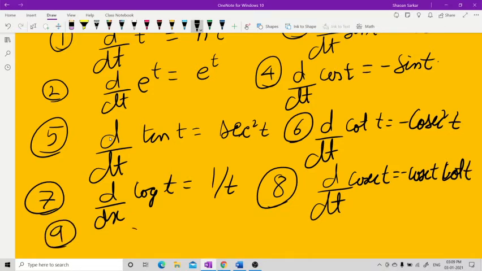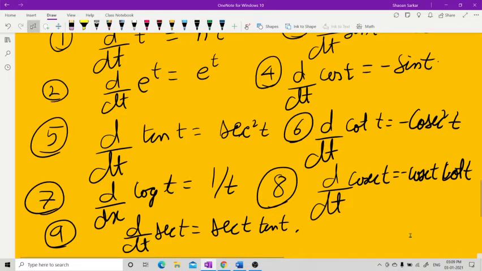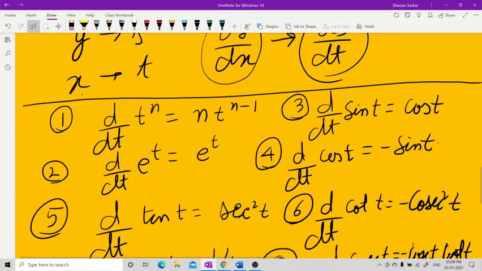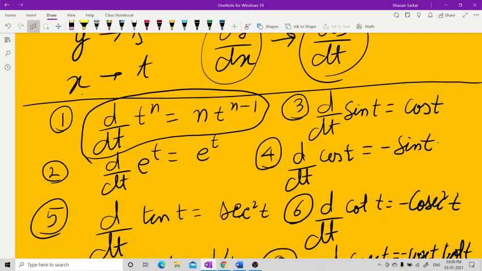Ninth, d by dt of sec t is sec t tan t. This first formula we will be needing most of the time. This is very, very important for you all. We will now do some problems on this.